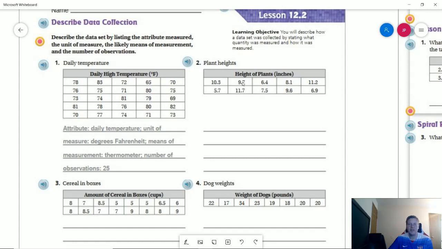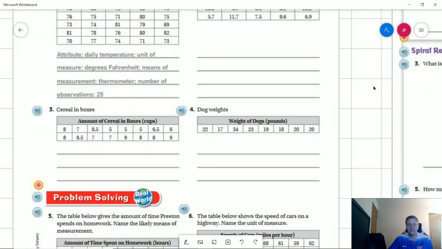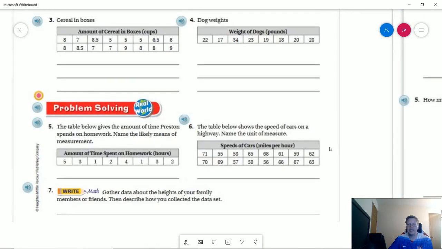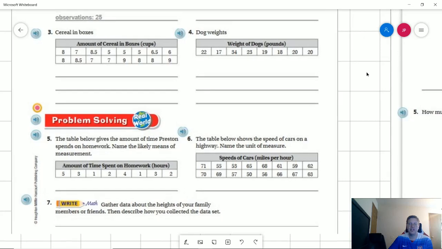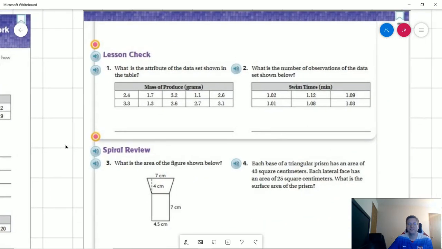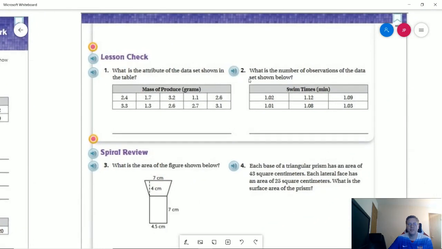And then the number of observations are just going to be the number of things you see in the table. So for 2 and 4 and 6, actually for 6 they just want the unit of measurement, which they give as a unit rate there. For 1 and 2 on the back, the attribute would be the thing that this particular table is giving information about, and then this one would be the number of observations.